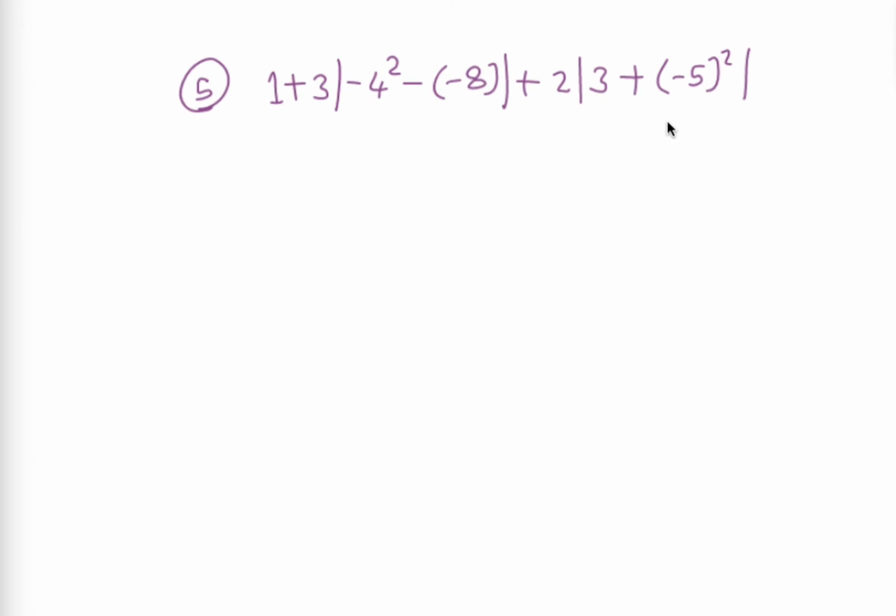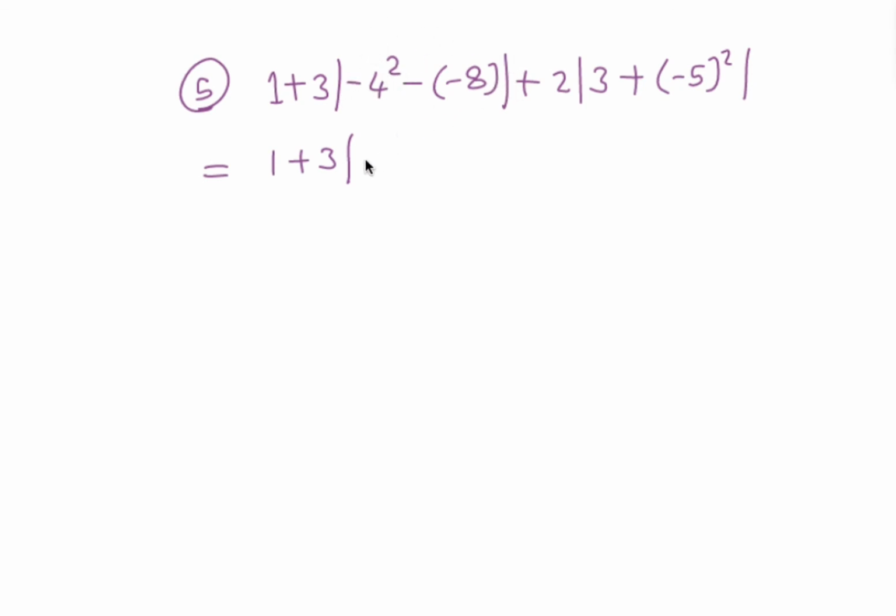Then once the inside is completed, we will take the absolute value. So 1 plus 3, here we can evaluate this absolute value, or we can say just like a parenthesis.